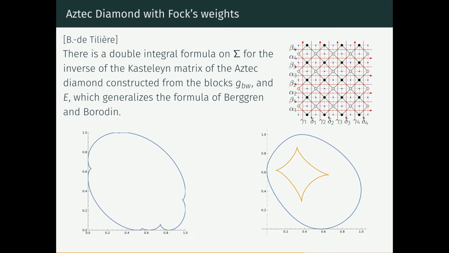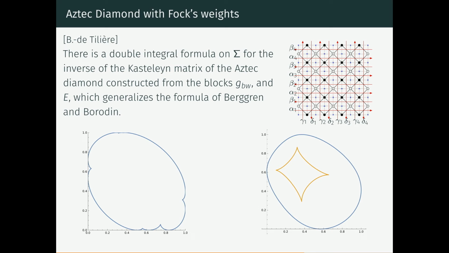So what we do is just, you take the Aztec diamond and you have these train tracks which come in 4 families, and you can put Fock's weights on this Aztec diamond. So any system of weights on the Aztec diamond is gauge equivalent to a particular choice of Fock's weight, maybe for a very high genus surface.